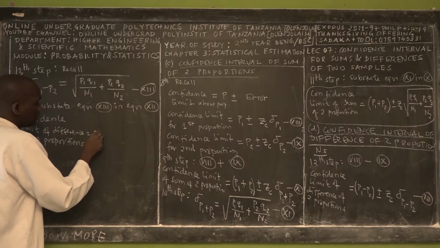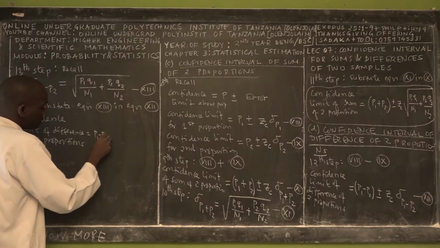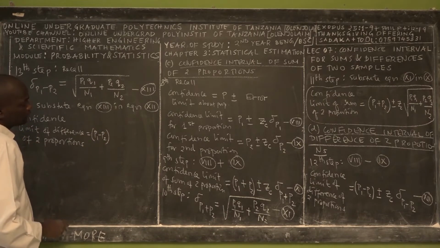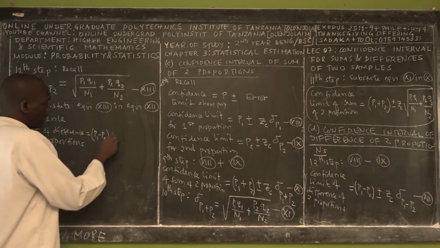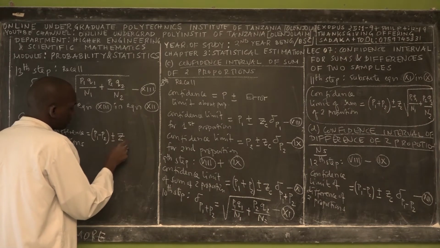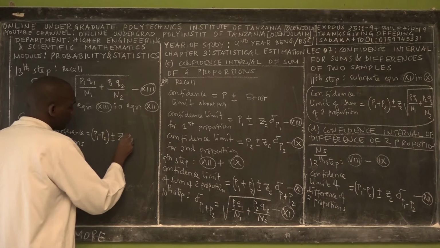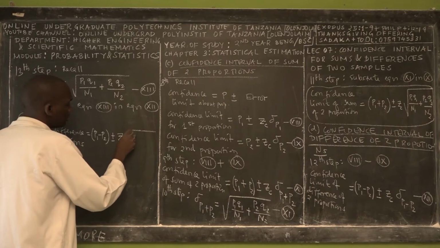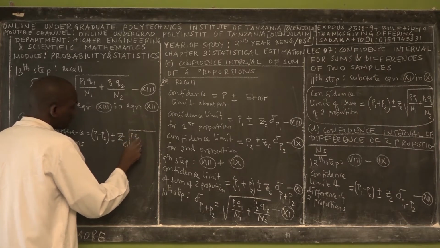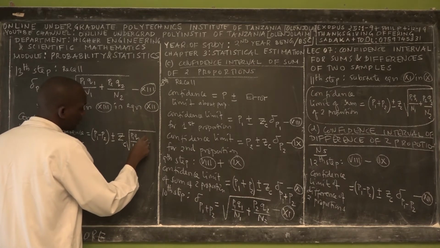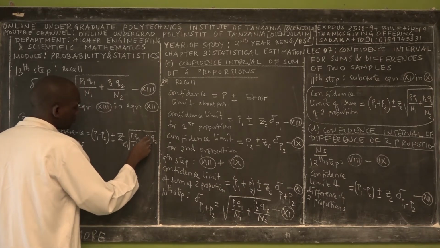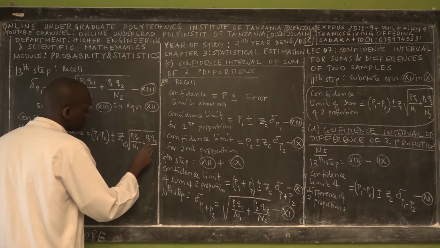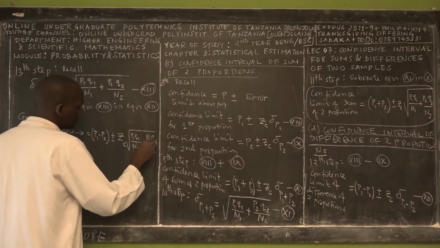Proportion 1 minus proportion 2 plus or minus standardized critical value, which is C, then square root of what? Product of probability of success 1 times probability of failure 1 over sample size 1 plus probability of success 2 times probability of failure 2 over sample size 2.